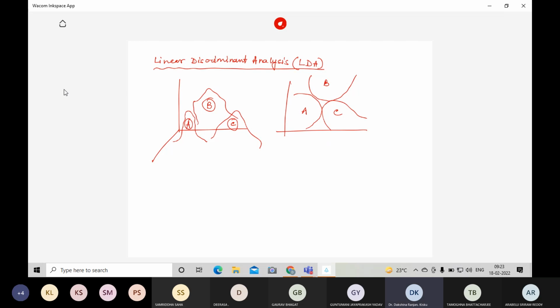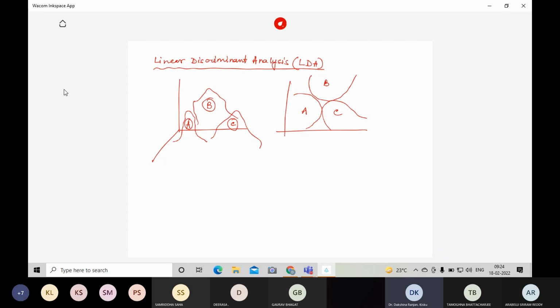Piecewise quadratic means the class boundaries are the surfaces between classes A and B, between A and C, and between B and C. In quadratic discriminant analysis these surfaces are piecewise quadratic. But in linear discriminant analysis, the class boundaries are piecewise linear functions, not quadratic functions.